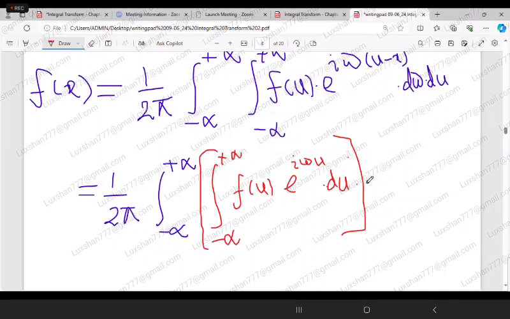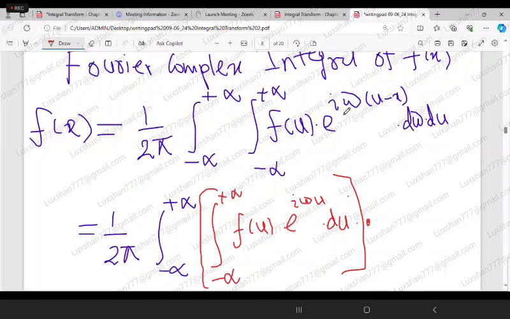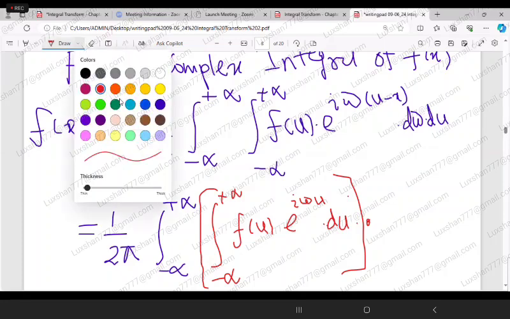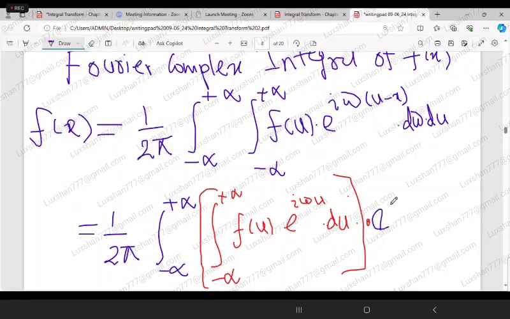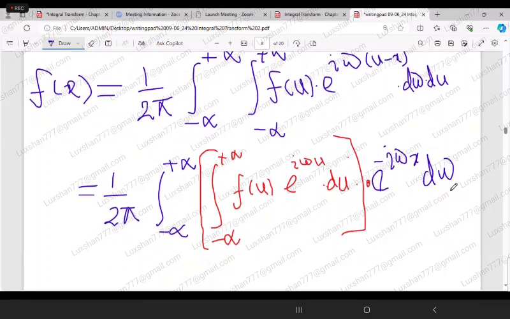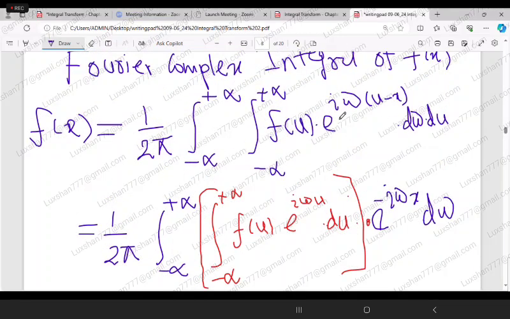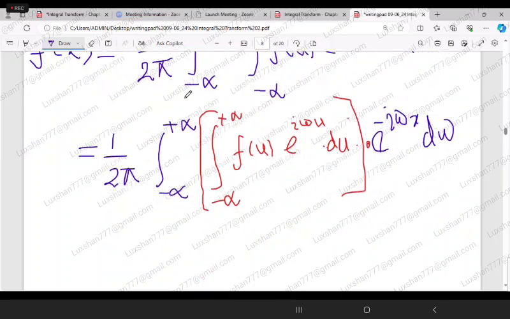Into the bracket, I have the balance e to the power i omega times u minus x. I can write it as e to the power i omega u into e to the power minus i omega x into d omega.